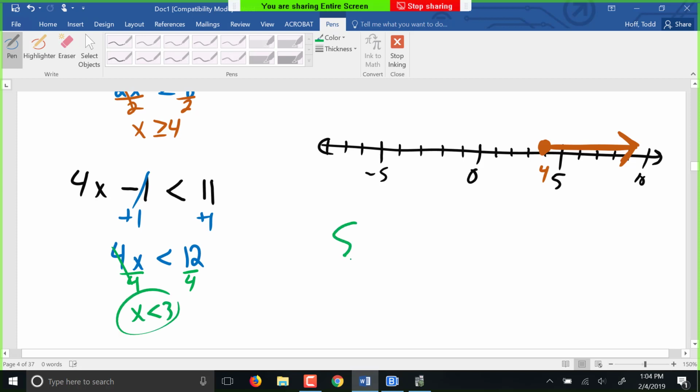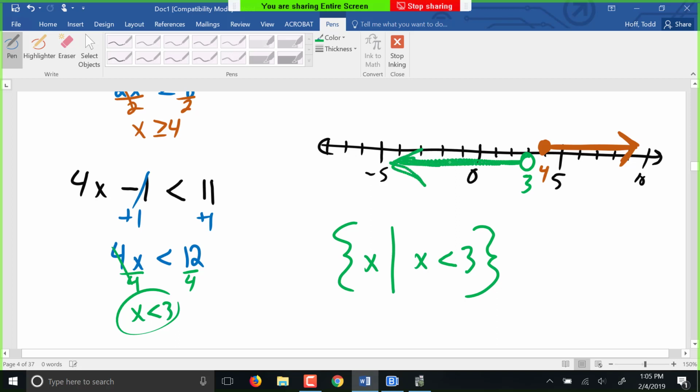So solution set notation, all values of x such that x is less than 3. On the graph, the dot goes at 3, open dot or closed dot? Open dot, pointing to the left or the right? Left.